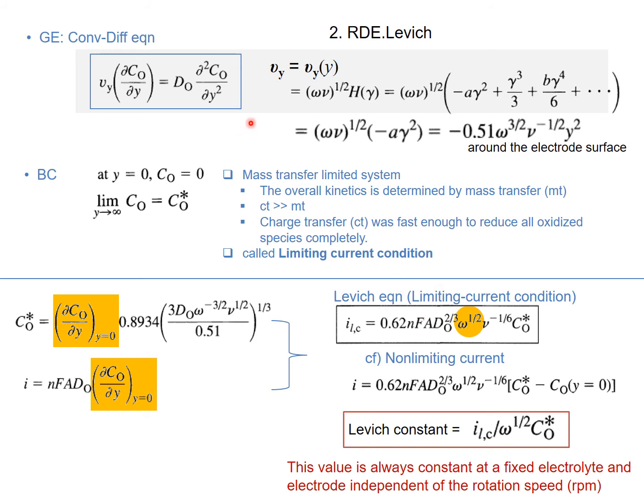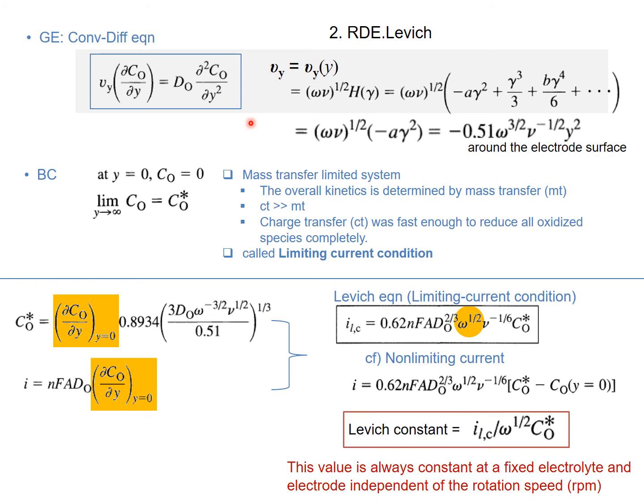Right now we have the convection diffusion equation on our left hand side, and on our right hand side we have the velocity profile, which is obtained from the Navier-Stokes equation with the continuity equation.